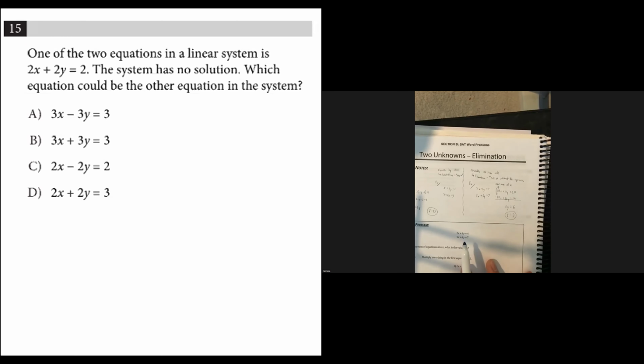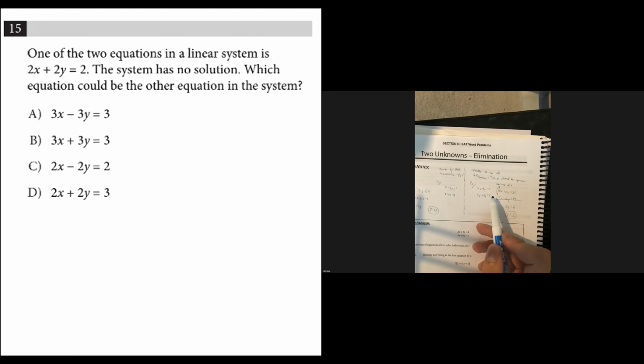And the other way is variables on the same side, and that's elimination. And so if we have like 2x plus 3y equals 4 and 5x plus 6y equals 7, we would have to make sure that there's the same number of one of the variables.